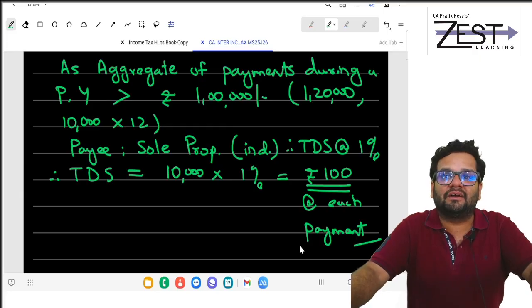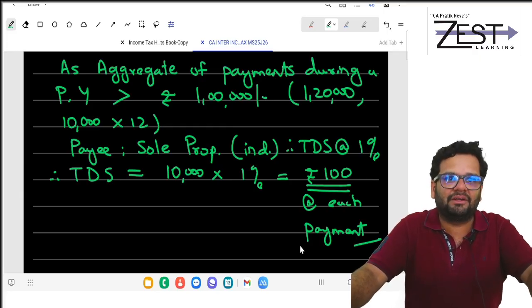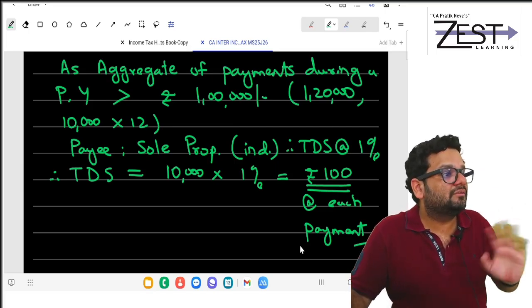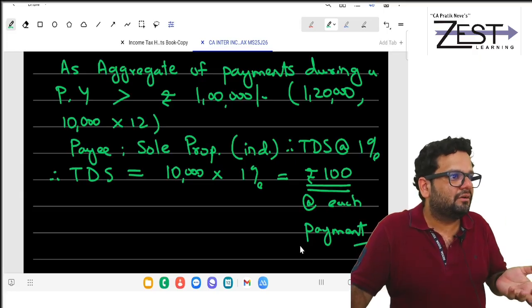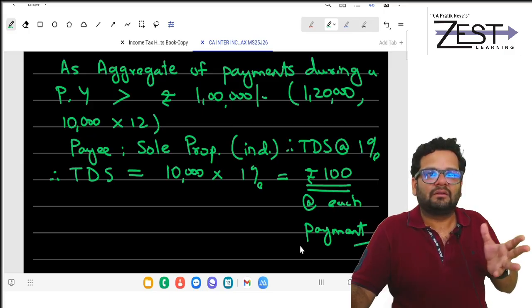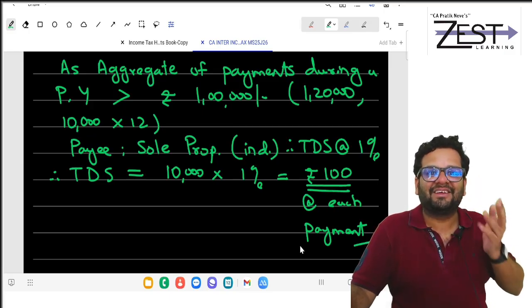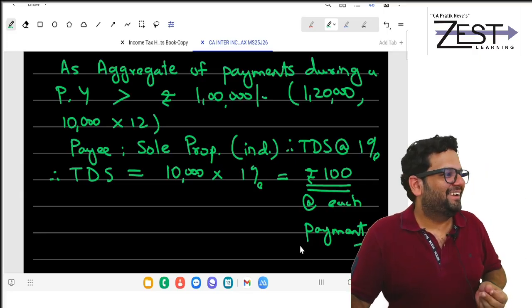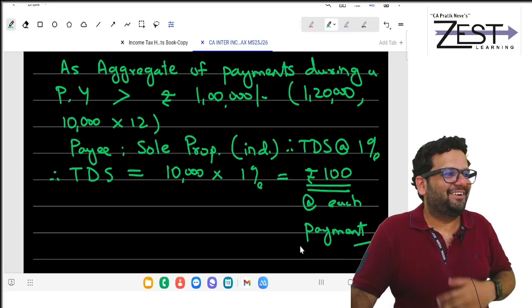It's your money I'm depositing with government on your behalf only. Are you getting my point? Friends, show some reaction. Did you get the point?